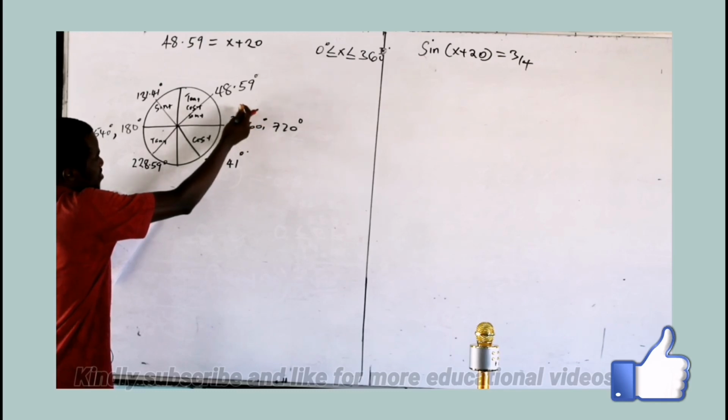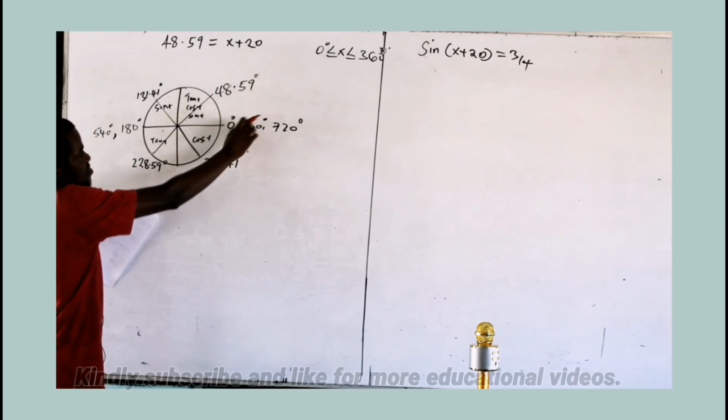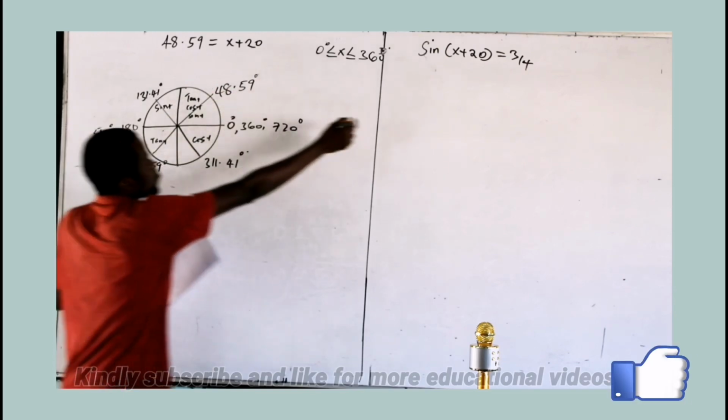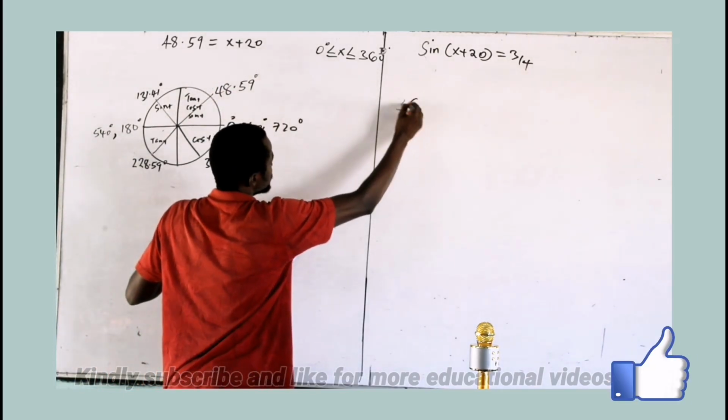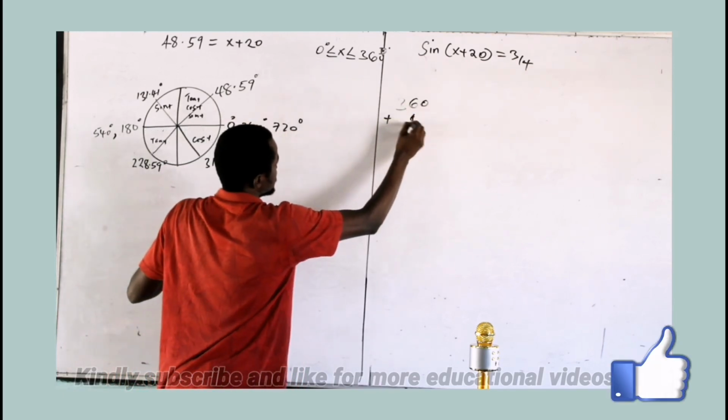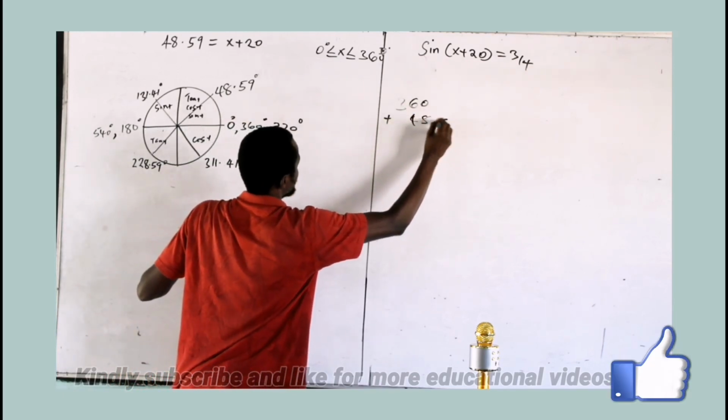in my second rotation. In the second rotation, the angle in the first quadrant will be 360 plus 48.59.